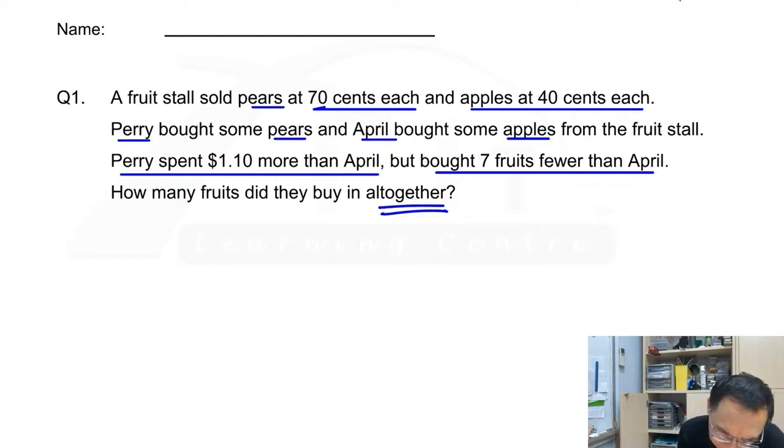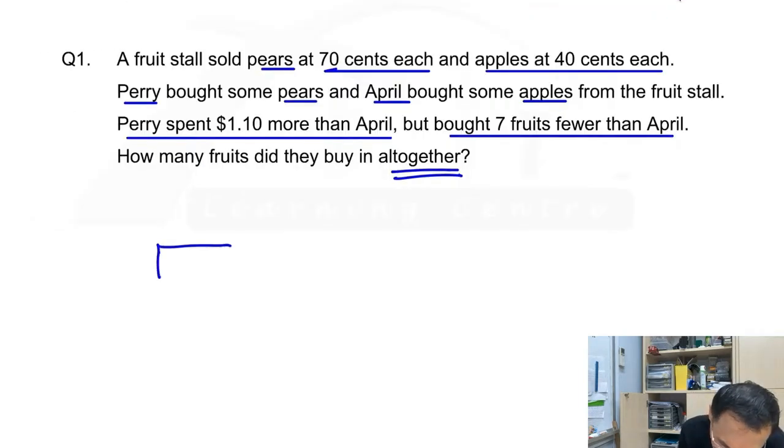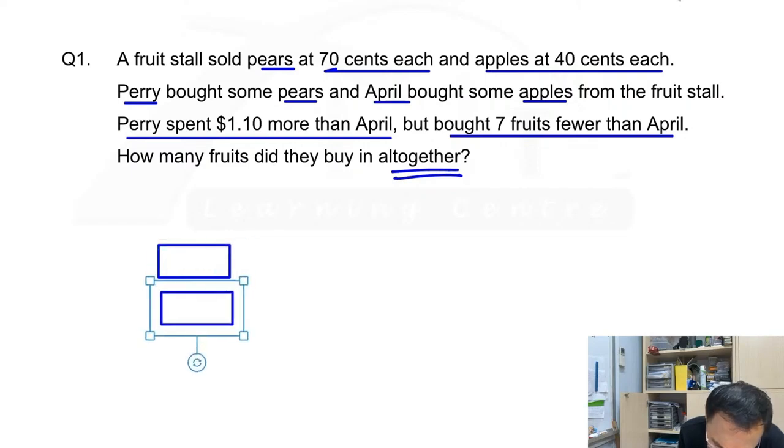This is what the model looks like. Watch. This is one apple. And this is one pear. The way I'm going to draw the one pear is I'm going to draw a box that looks like the apple, and then I'm going to add the difference in the price to that box.